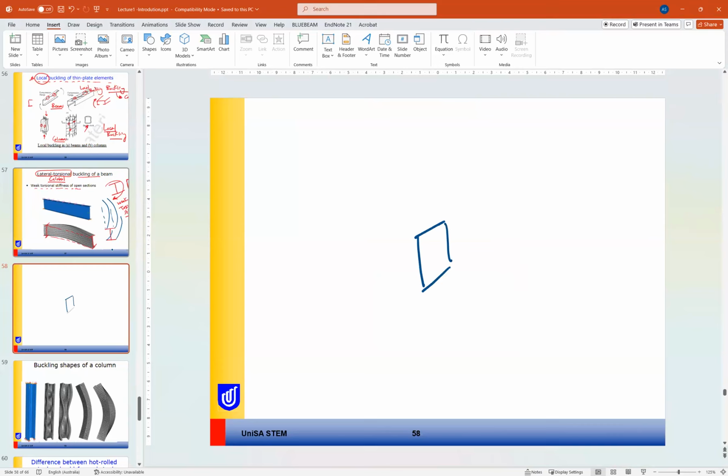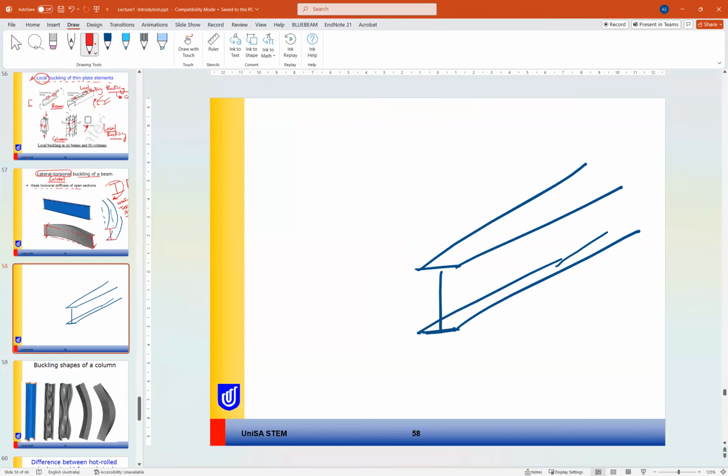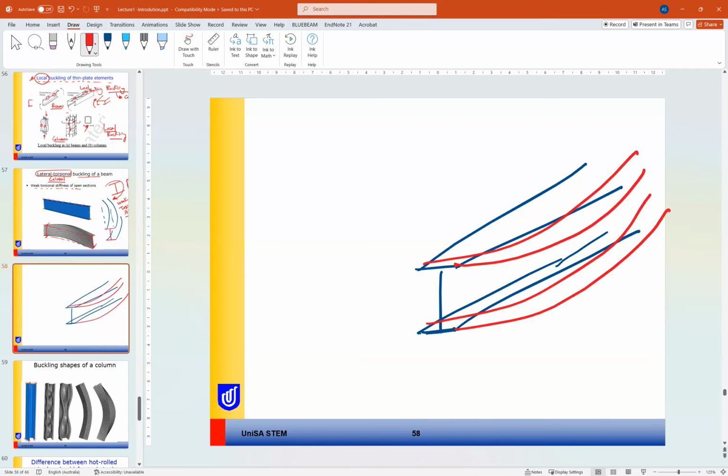So for example, if this is a beam, let's just try to make it clear. If this is the original position of the beam, due to lateral buckling, the beam has moved in this direction like that.